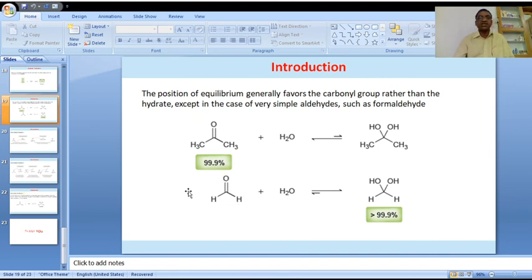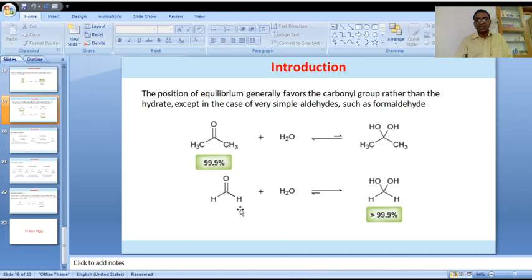But in the case of formaldehyde, it is an exception. In formaldehyde, there is no alkyl or methyl functional group, no alkyl electron donating groups. The carbonyl carbon is attached with both hydrogens.